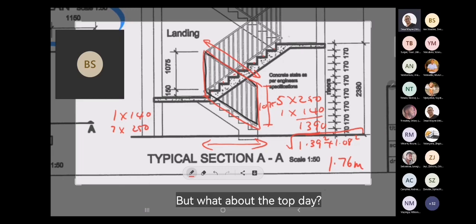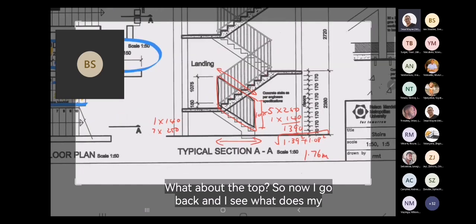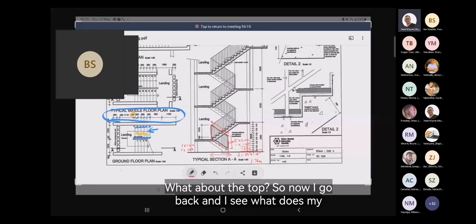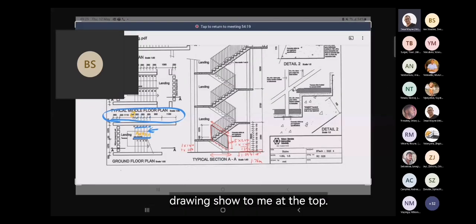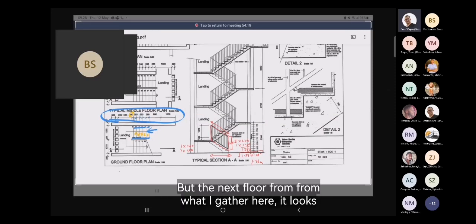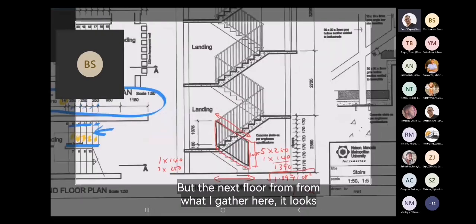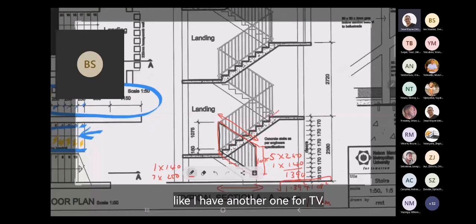But what about the top there? What about the top? So now I go back and I see, what does my drawing show to me at the top, at the next floor? From what I gather here, it looks like I have another 140 there. Is that true? Does it look like that?